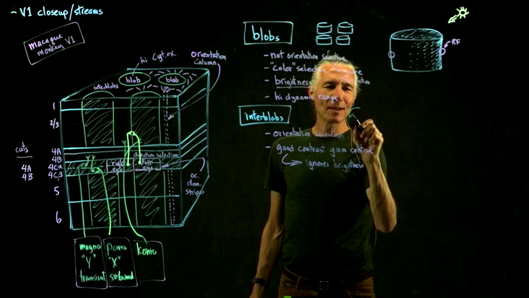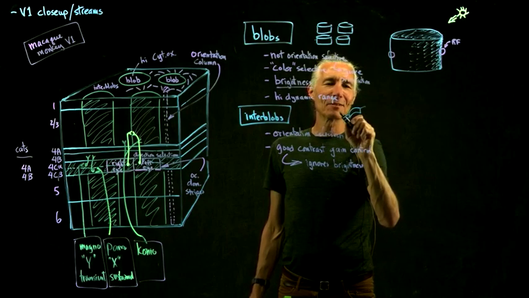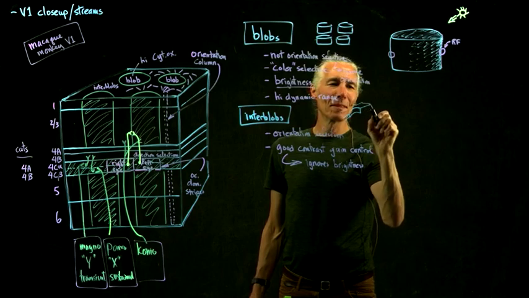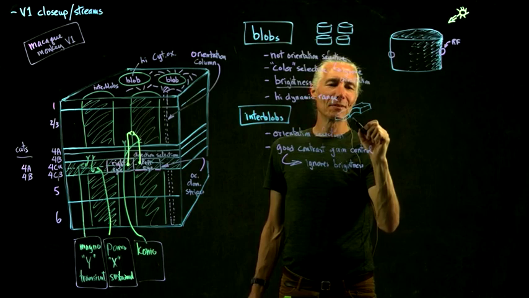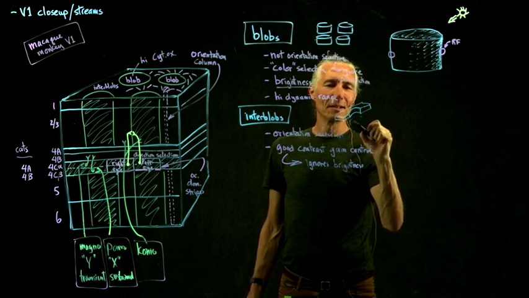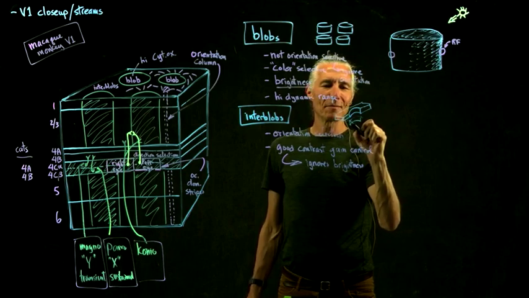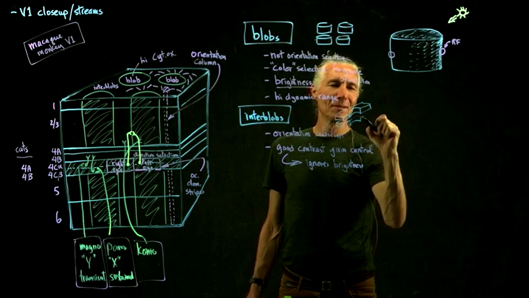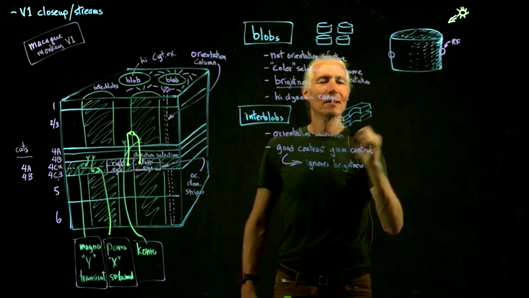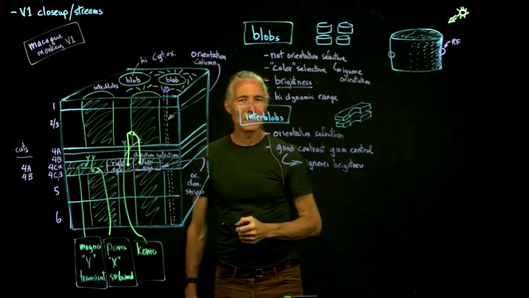The interblobs are like the Swiss cheese, right? They've got sort of blob-shaped holes in them. Here's a little chunk of an interblob, and then there's, of course, another one for layer 5, 6 below it. There we go. So that's the little Swiss cheese.